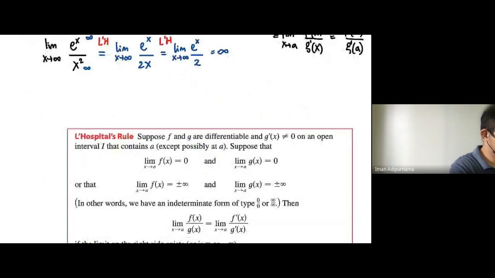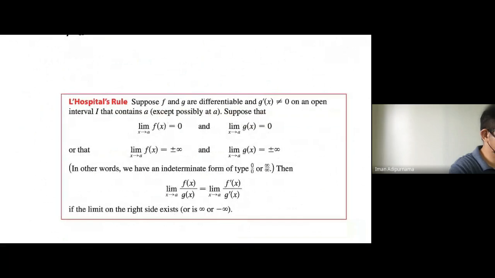Okay, this is just a review of what we have done. The basis for the L'Hopital rule is, if the limit of f is 0 and the limit of g is 0, and also if the limit of f is infinite or negative infinity, and in the same way g is positive or negative infinity, then we can apply the L'Hopital rule.